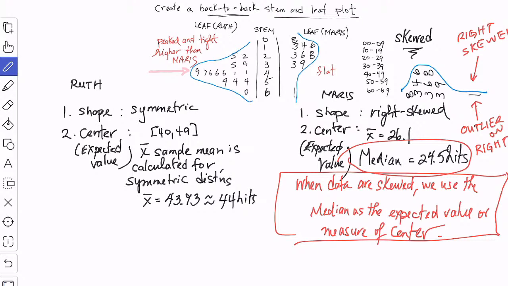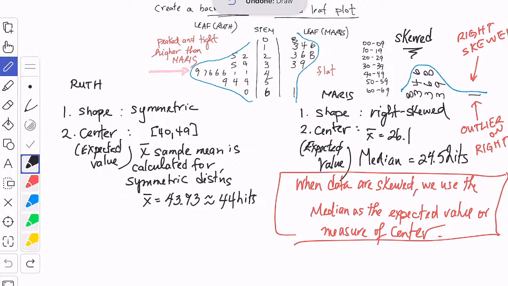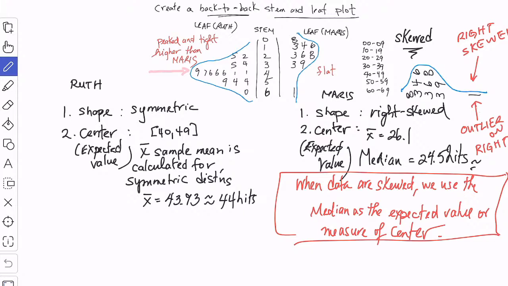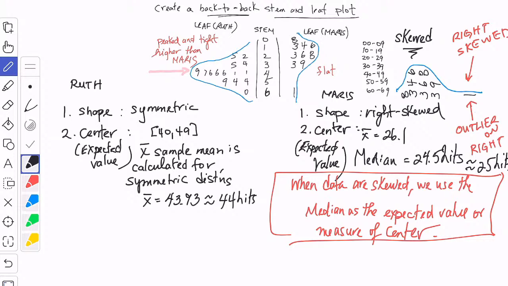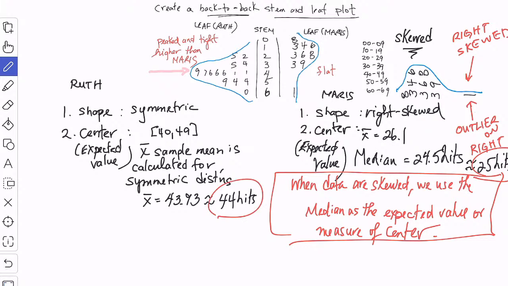Next, what we're going to do, and we can also summarize that, rounding it up to 25 hits, and we still see that Ruth is a much better baseball player, right? In terms of expected value, you would predict higher hits than you would for Maris.